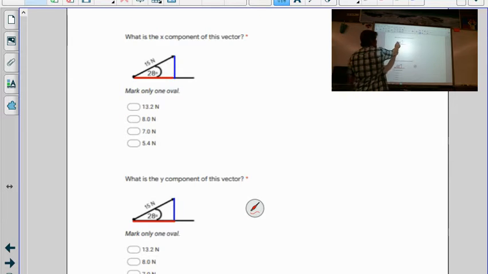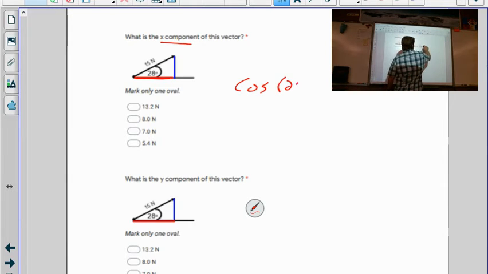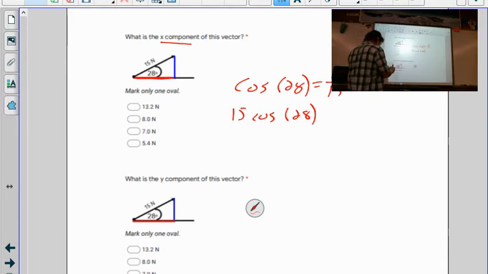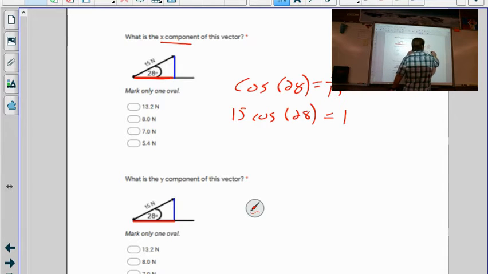For this one, we want to know the x component. That is the red line here. This is going to be our cosine function because it is the adjacent side, and this is our hypotenuse, the 15 newtons. So we have the cosine of 28 equals the adjacent, which we don't know, over the hypotenuse of 15. Rearranging, we get 15 times the cosine of 28, which is 13.2 newtons.